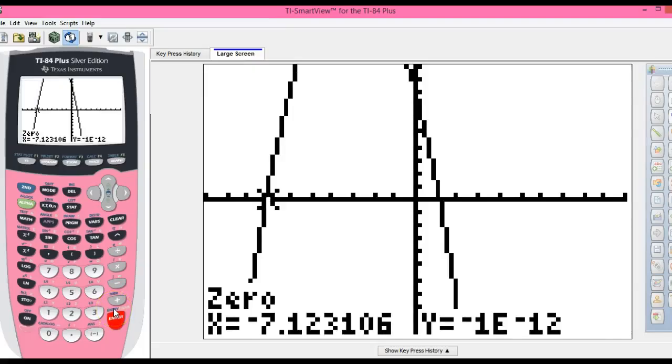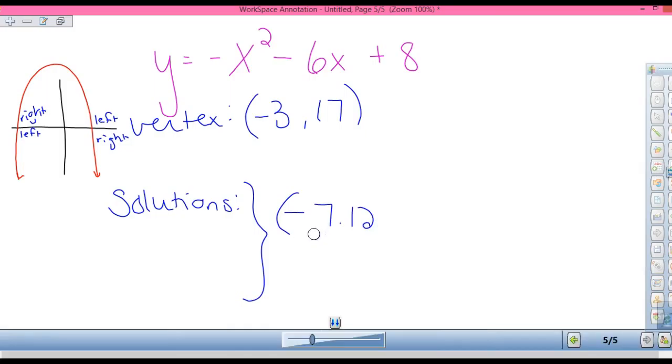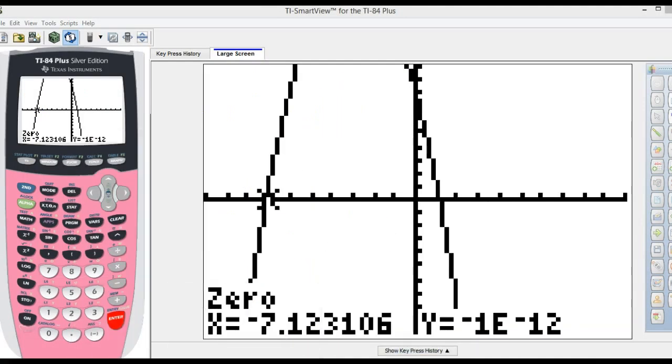Okay, so my first 0 is -7.12, comma, anytime you see this, -1, e to the whatever, it is 0. This means 0.